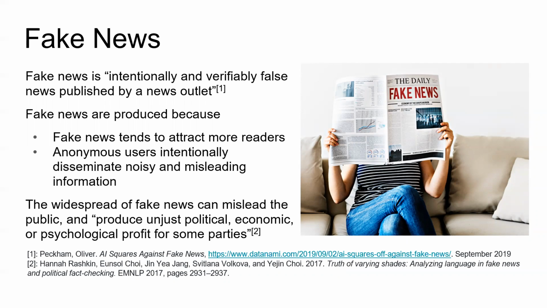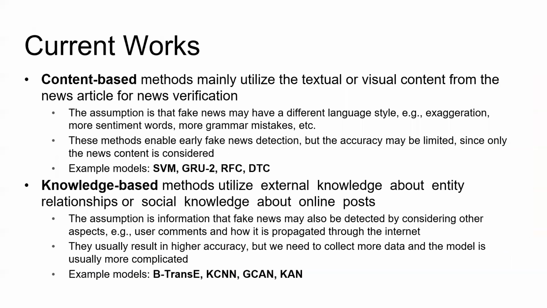There are usually people who create fake news because of their own interests. The widespread of fake news can mislead the public and produce bad social effects or psychological profits for some parties. So that's one motivation why we want to combat fake news.